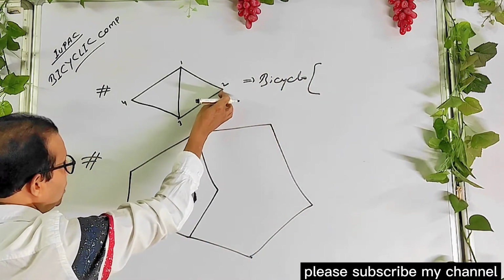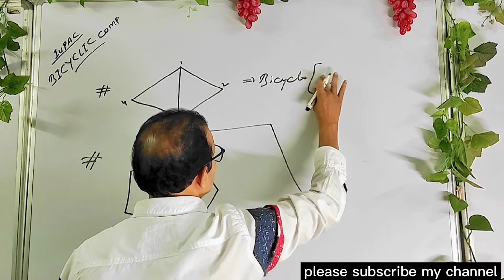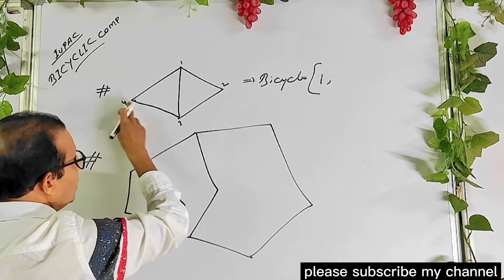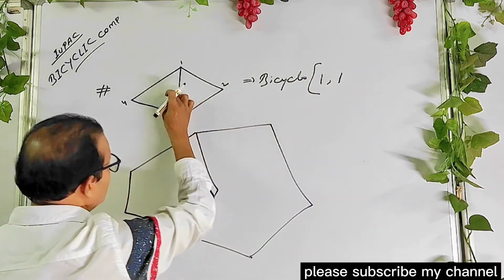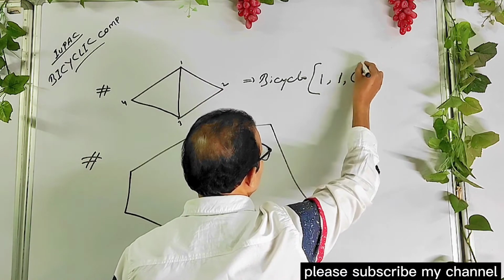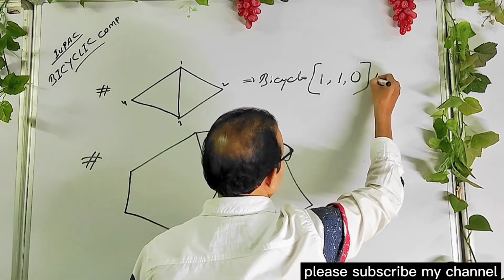Bicyclo, only 1 carbon bridge, 1 carbon bridge, no carbon in between the bridgehead carbons. Methane, ethane, propane, butane.